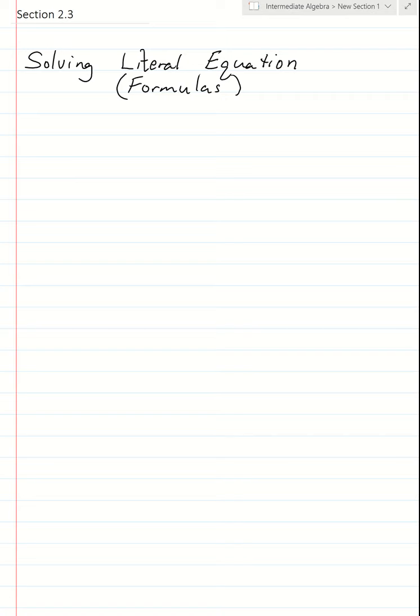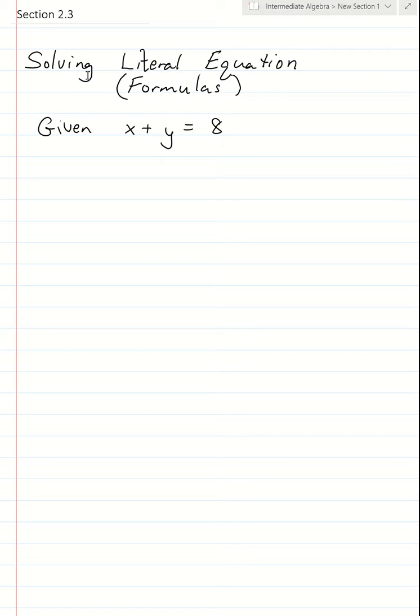For example, let's say we are given x plus y equals 8. This is an example of what we call a literal equation, a formula of sorts, because what we have here is multiple variables, an x and a y, and there's a distinct relationship between them.